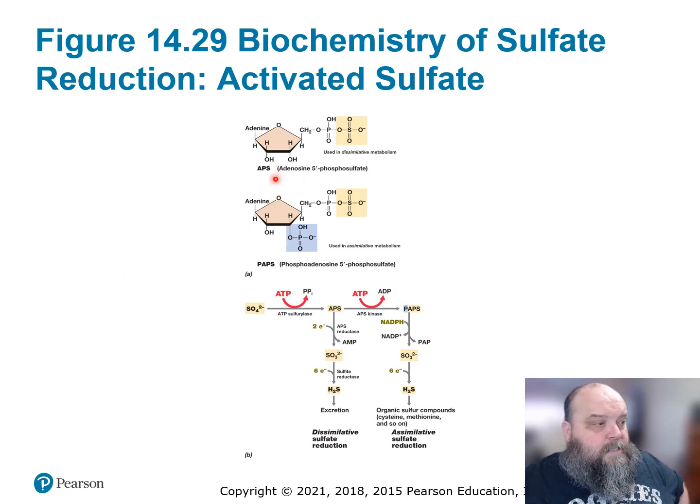Here's that adenosine 5'-phosphosulfate. The adenine nitrogenous base is not shown, it's just written here. Here's our 5' carbon, our phosphate. So it's a nucleotide, and then a sulfur-containing compound.